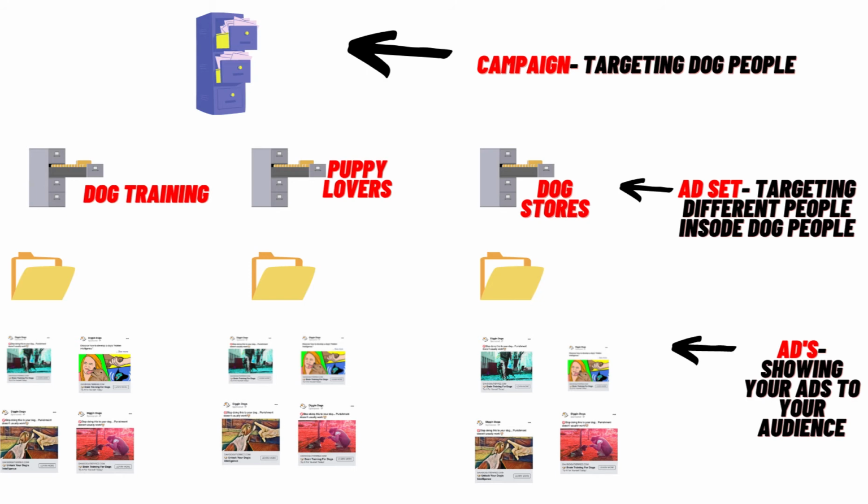All right. Inside these cabinets are going to be my drawers, which are going to be my ad sets. So let's say this first ad set up here, I'm going to target people, because now we're going to tell Google, hey, my whole campaign is about dogs. Okay, cool. So they know that I have to target people who obviously like dogs, who like to go shopping, who are dog lovers, whatever.